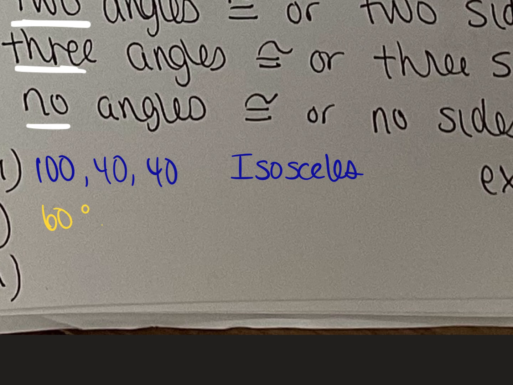How about a 60, 60, 60? 60, 60, 60 would be what kind of triangle? Isosceles, equilateral, or scalene? That one would be equilateral.